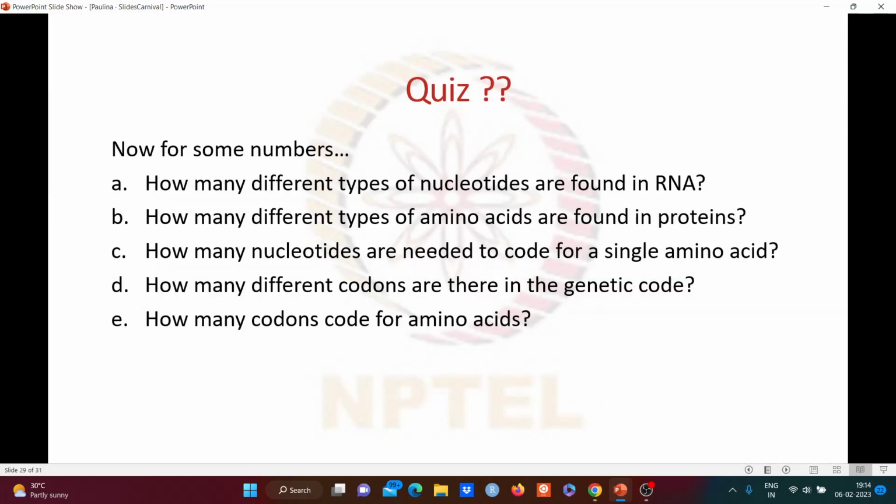So let's have some quiz questions where these are the numerical answer type. The first question is, how many different types of nucleotides are found in RNA? Nucleotides or nitrogen bases that are found in RNA.